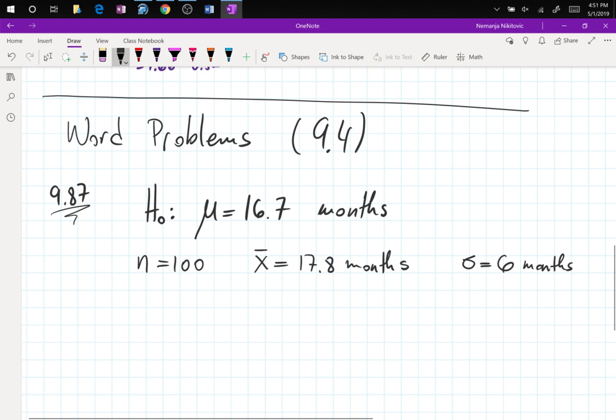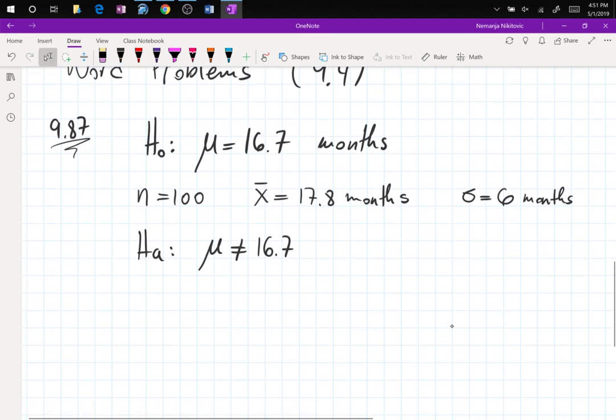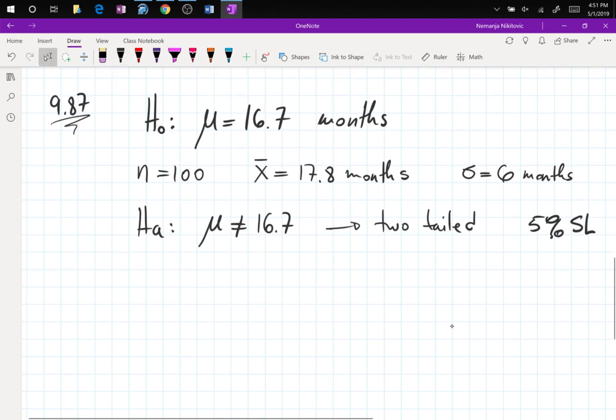So what are we using as the HA? Does not equal 16.7. Good. So that is a two-tail. This is how you know which one to use. Two-tailed. Now, they also gave us a 5% significance level, which means it's the same picture we had so far.